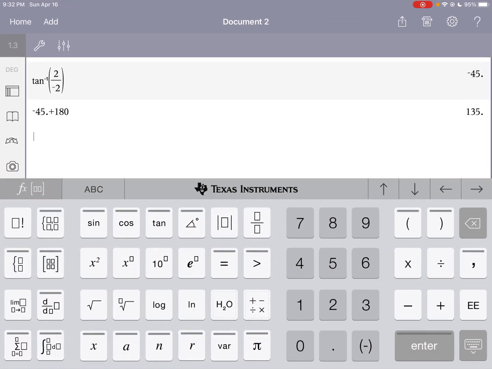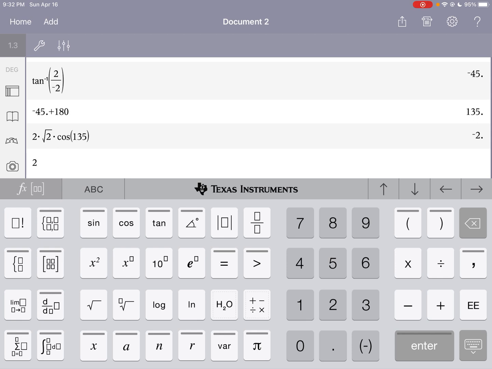If I tried to type in 2 rad 2 times cosine of 135, it gives me -2.